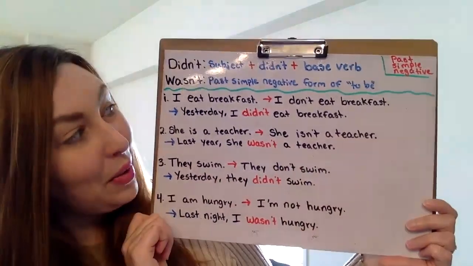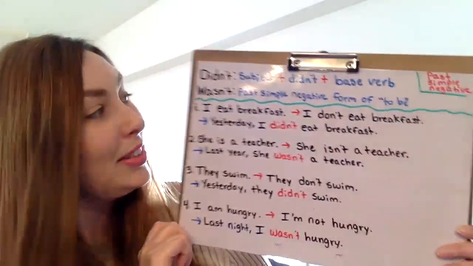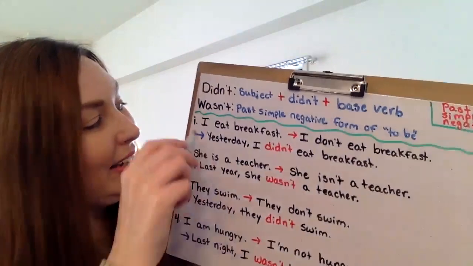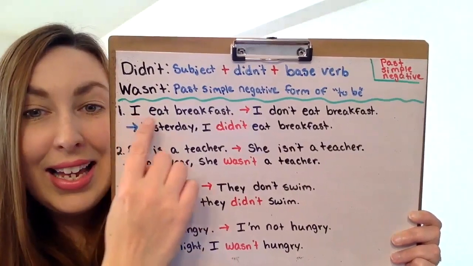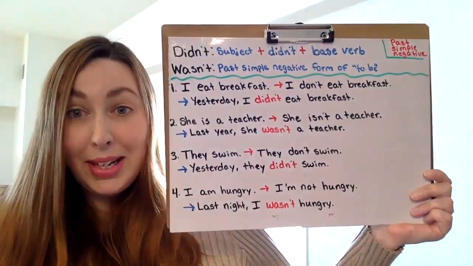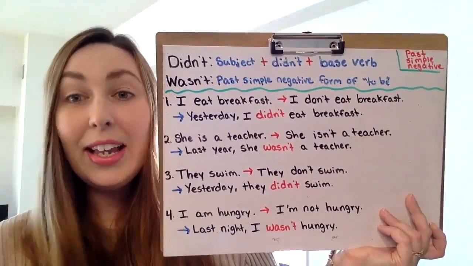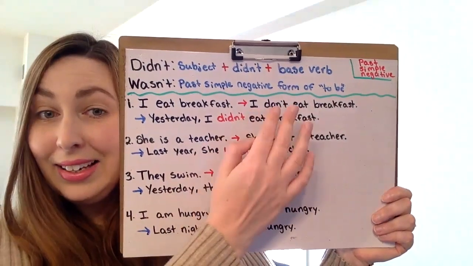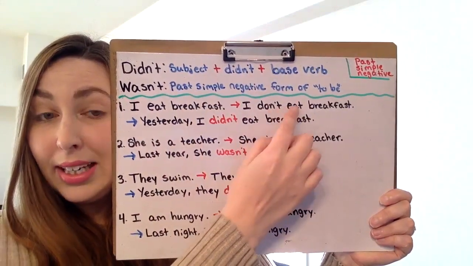Very good. Let's take a look at the first example. Number one: I eat breakfast. This is the present tense. If we put this in the negative, we would say I don't eat breakfast.